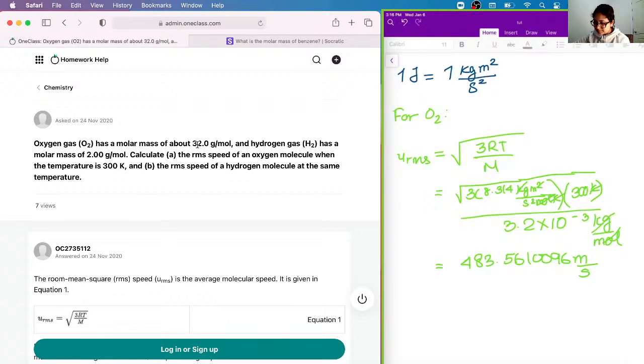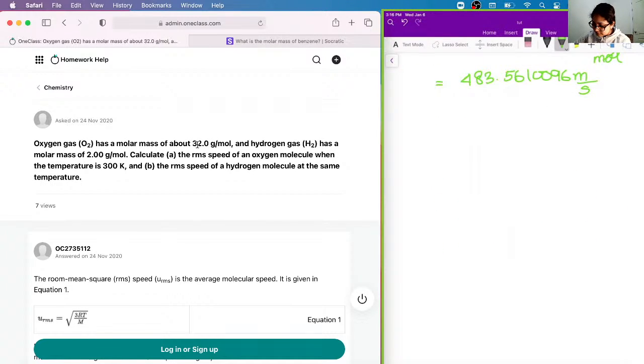Now for B, H2, we're still going to use the same formula.